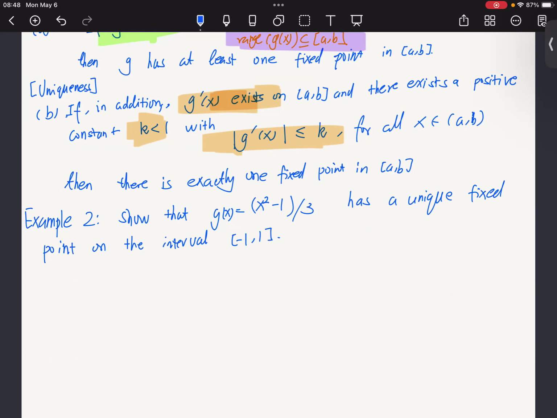You need to check all these criteria because it's checking the uniqueness.